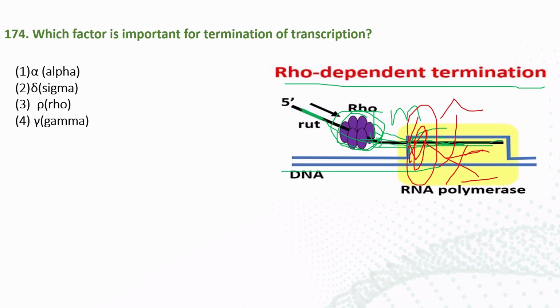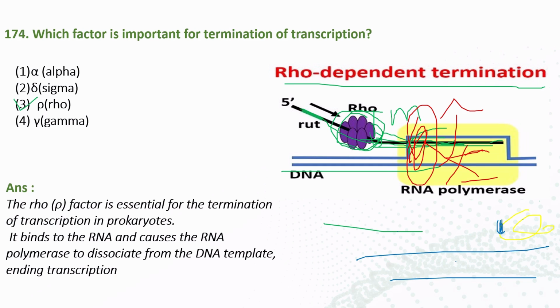You can see the mRNA strand emerging, the RNA polymerase separated, and the DNA double strand here, with the rho factor attached. Like that, rho dependent termination occurs in transcription. So the rho factor is the important one for the termination of the RNA.